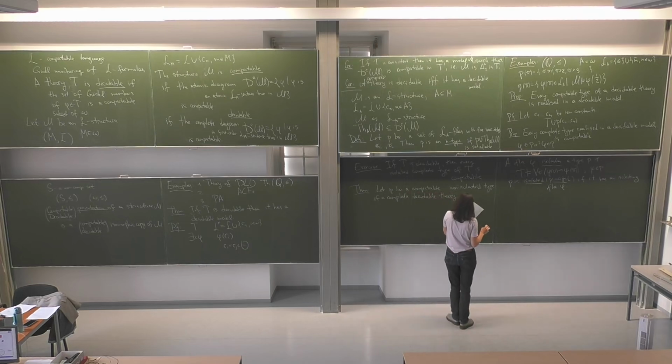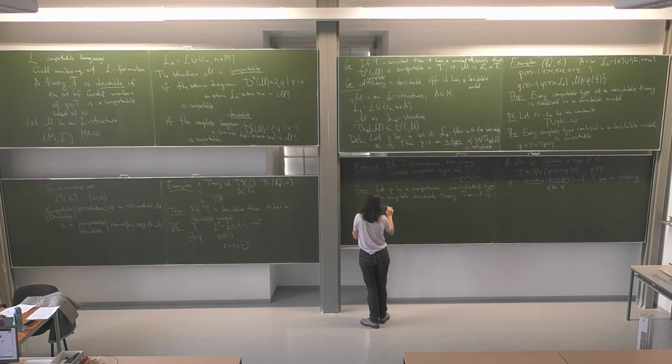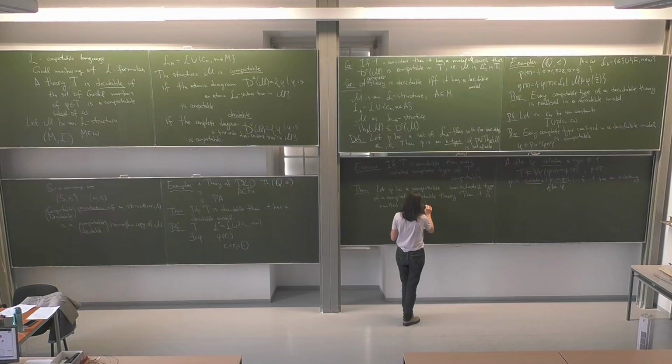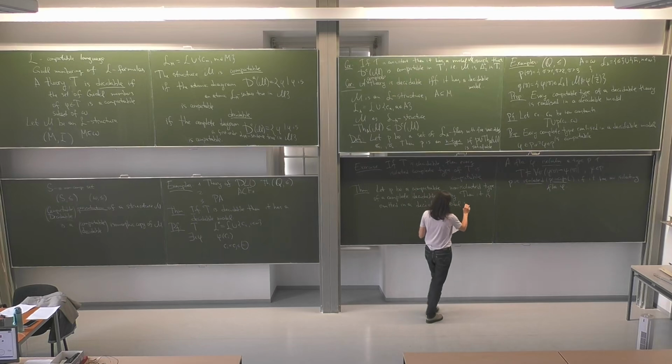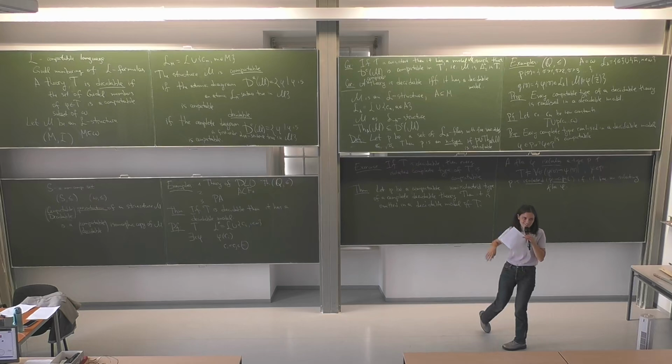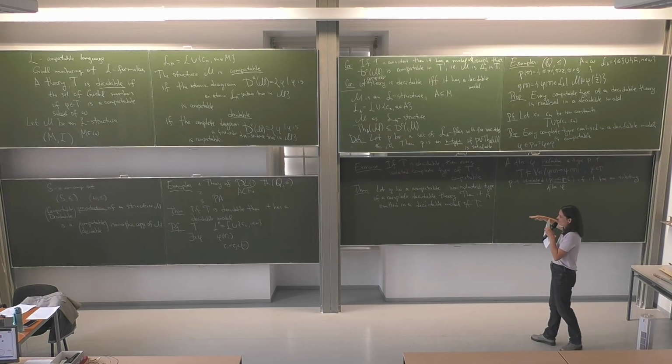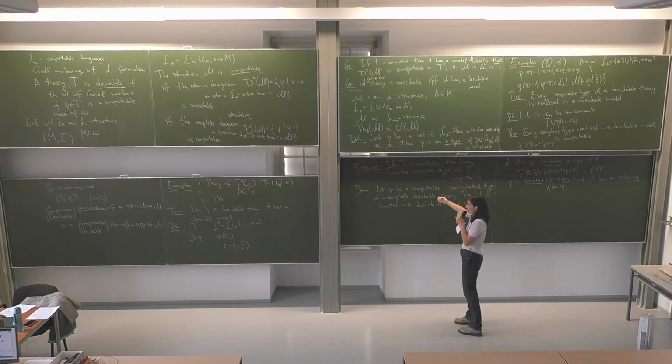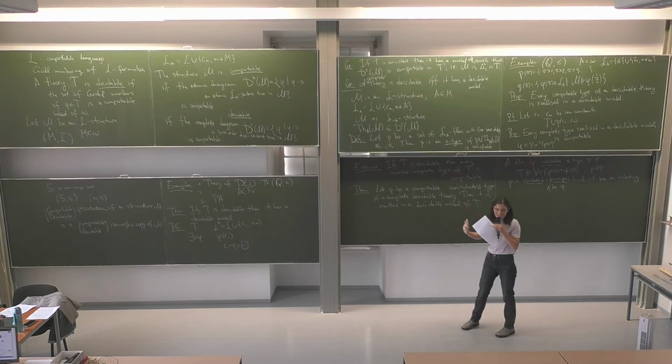Then it is omitted in a decidable model of T. And the proof is again the same Henkin-style construction, the classical construction. The only thing you need to do is to check again that you do every step effectively, and you do, because your type is computable and the theory is decidable. So the classical construction goes through.